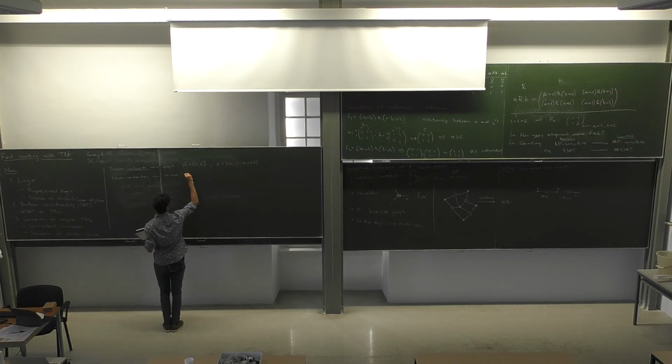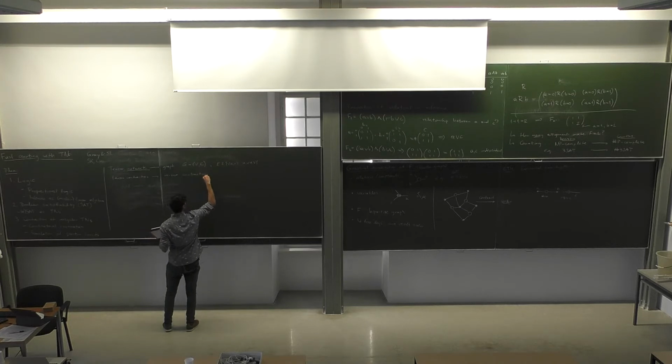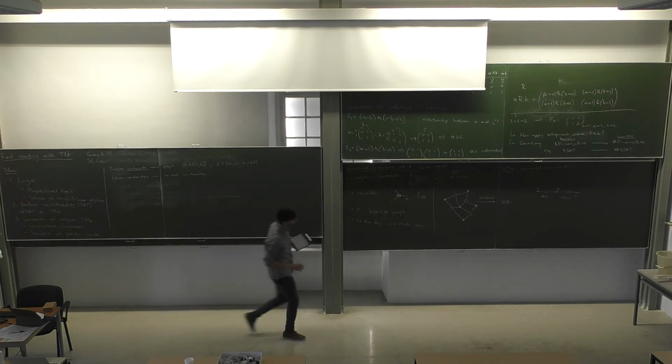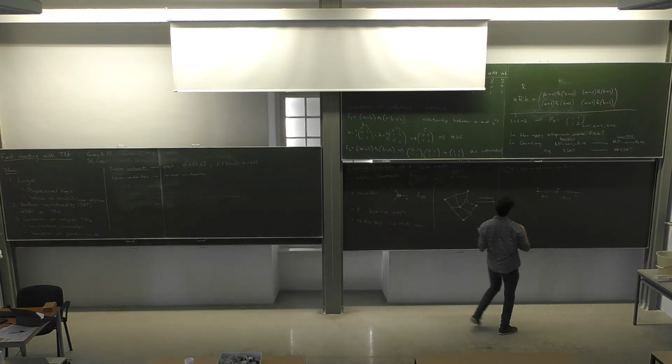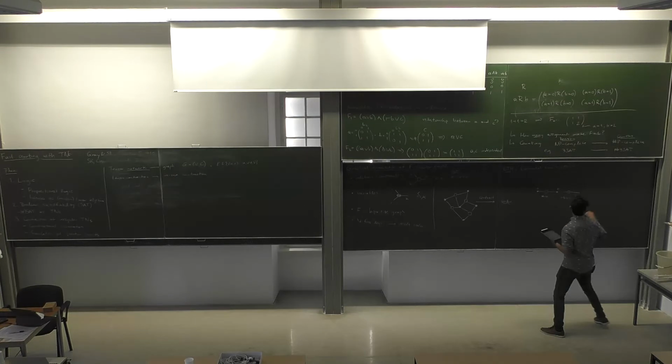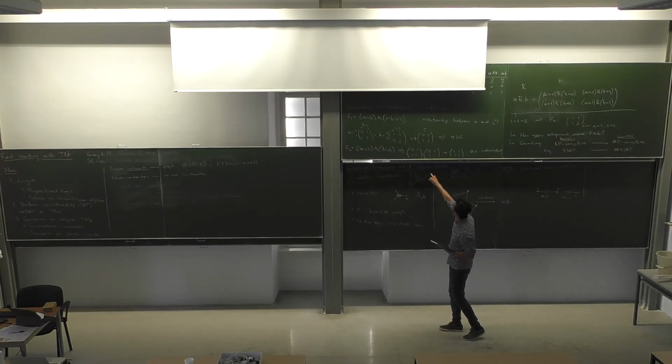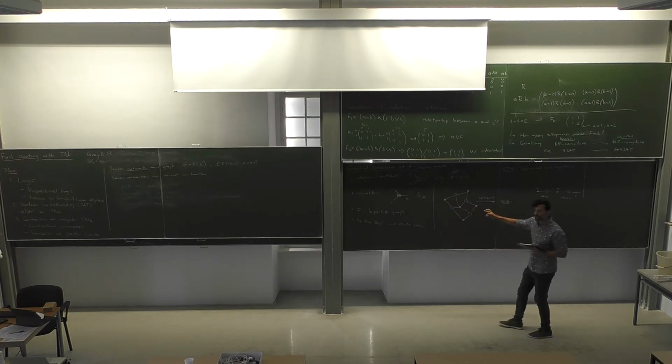You take 2 vertices and you lump them together. Just to be clear, this representation as tensor networks, I didn't come up with.